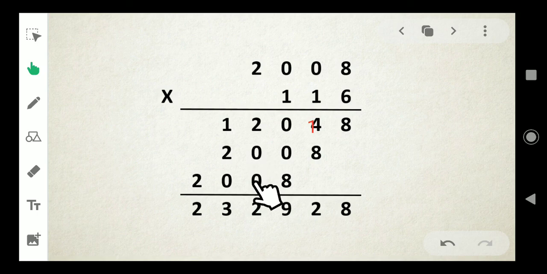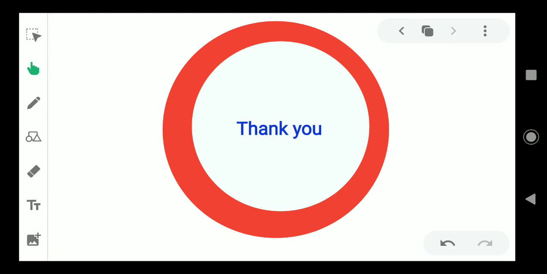Again 2 plus 0, 2. 1 plus 2 is 3. 3 plus 0, 3. Here 2. So the product of 2008 and 116 is 2,32,928. Did you understand how to multiply with three-digit numbers? Please practice more problems. Thank you.